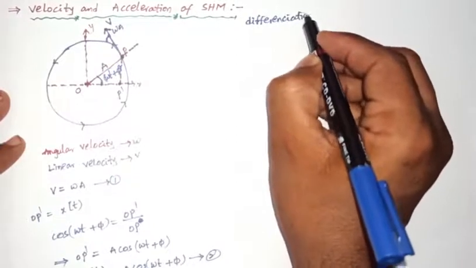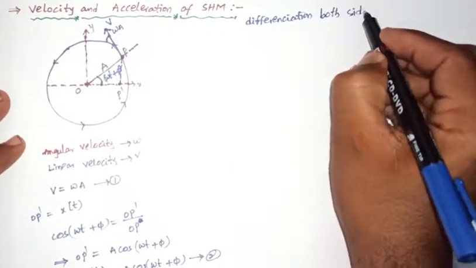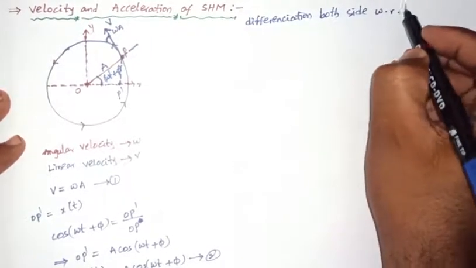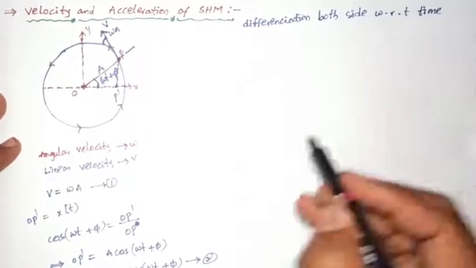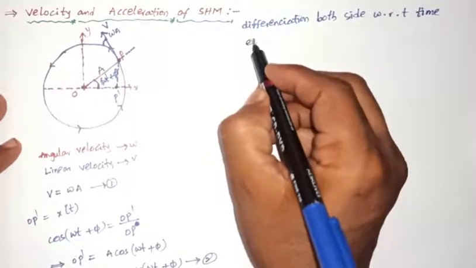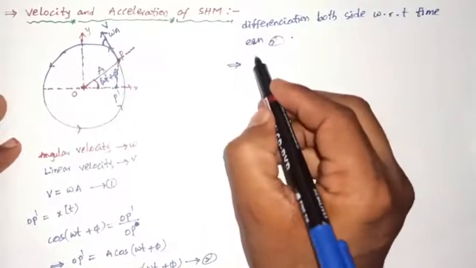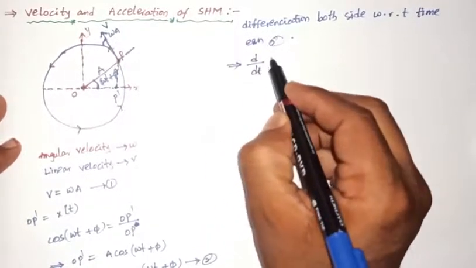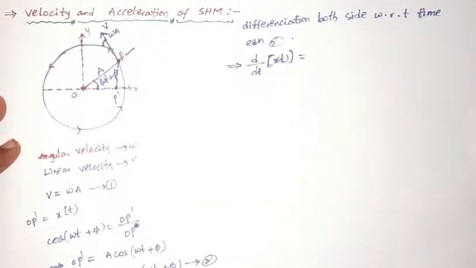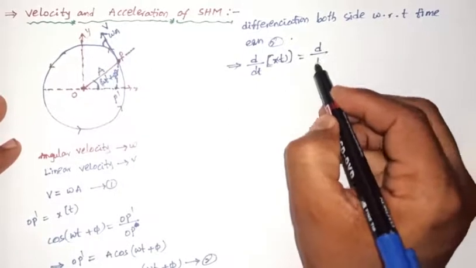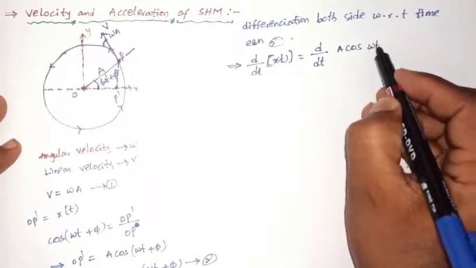Differentiating both sides of equation number 2 with respect to time, we take d by dt of x of t equals the differentiation of the right-hand side, A cos of omega t plus pi.